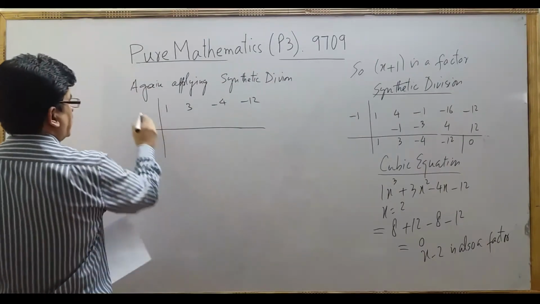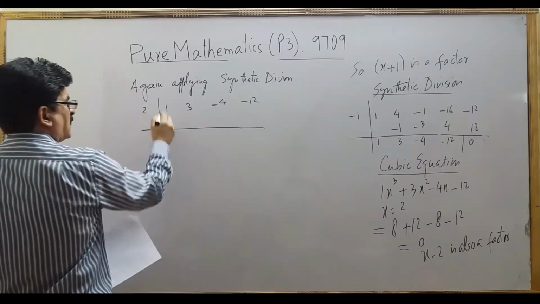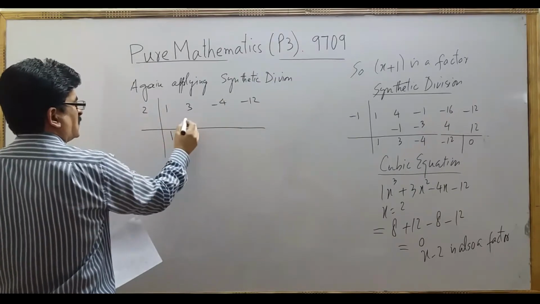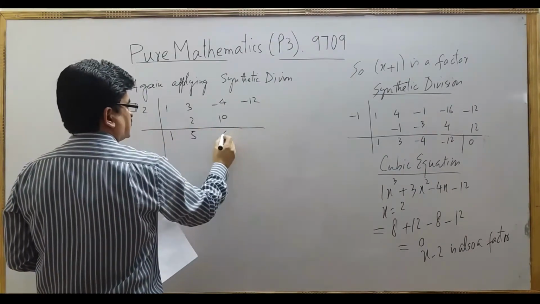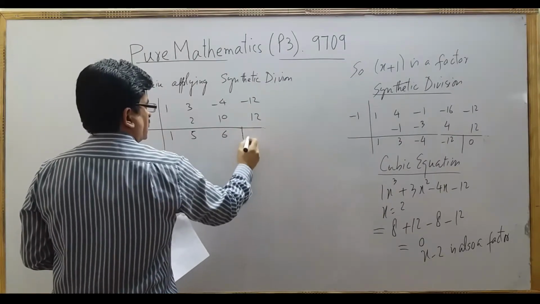We have proved that 2 is a root. Write 2 over here. Again start the process: 2 ones are 2, it's 5, 5 twos are 10, it's 6, 2 sixes are 12, it is 0.